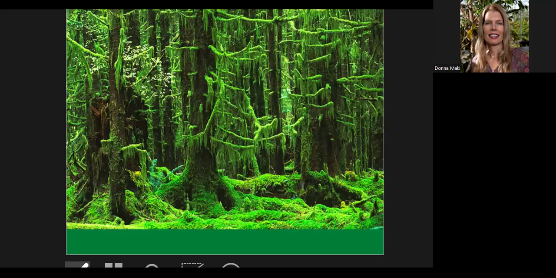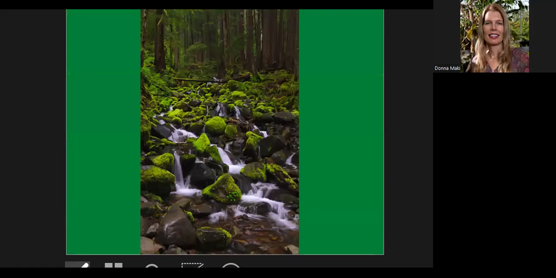Branches just covered, tree trunks covered, rocks covered. The Olympic National Park in Washington State is the only rainforest in the continental United States. It's a temperate, not a tropical, rainforest.